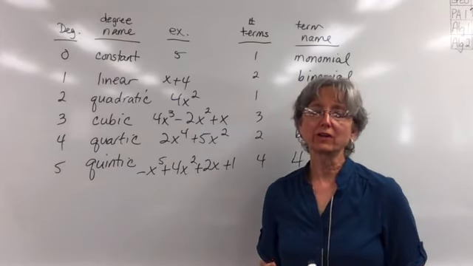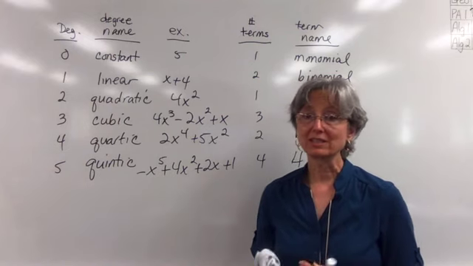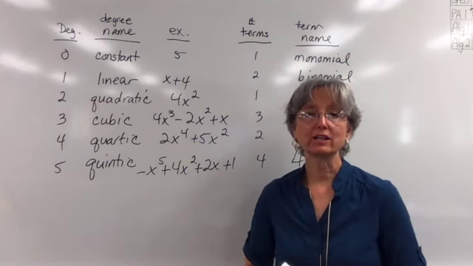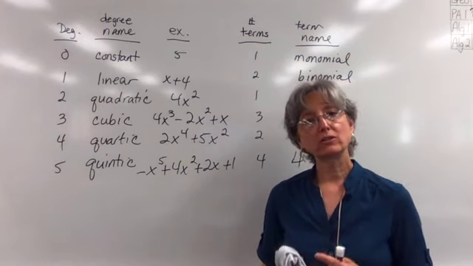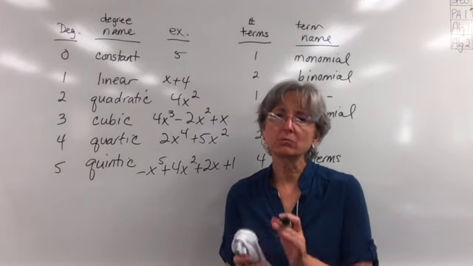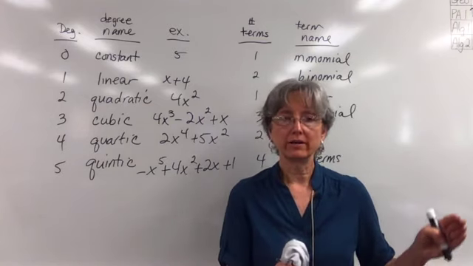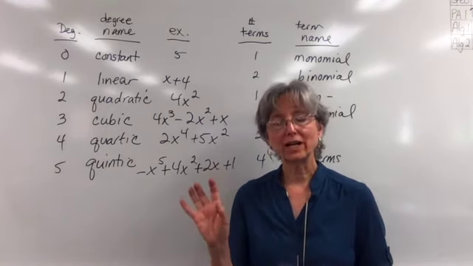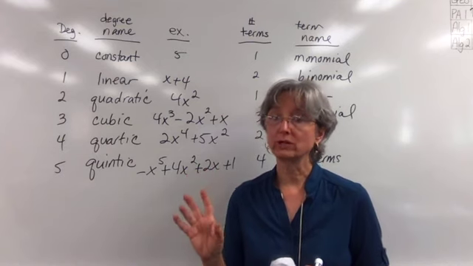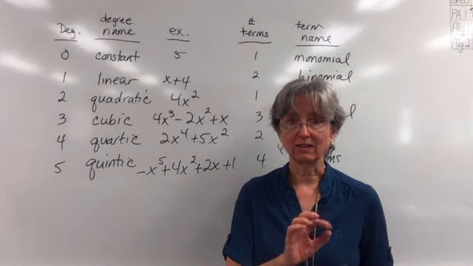On the board I've copied the chart that is in your textbook that shows the different types of polynomials that you can have. When they are in standard form, and we're looking at polynomials in terms of x, where we just have the one variable x, you write the terms in order of degree, the highest degree first, and then descending.